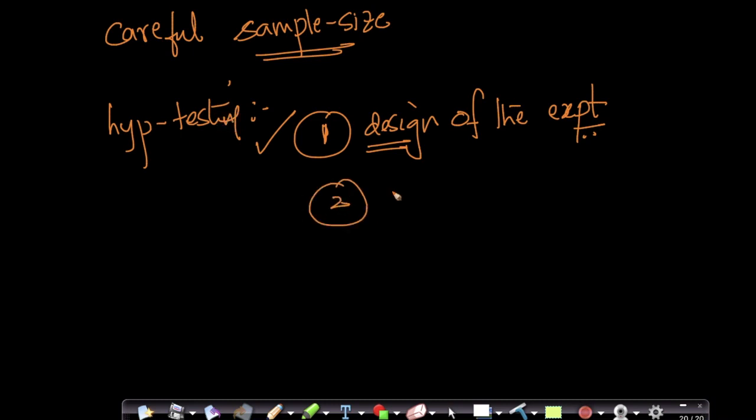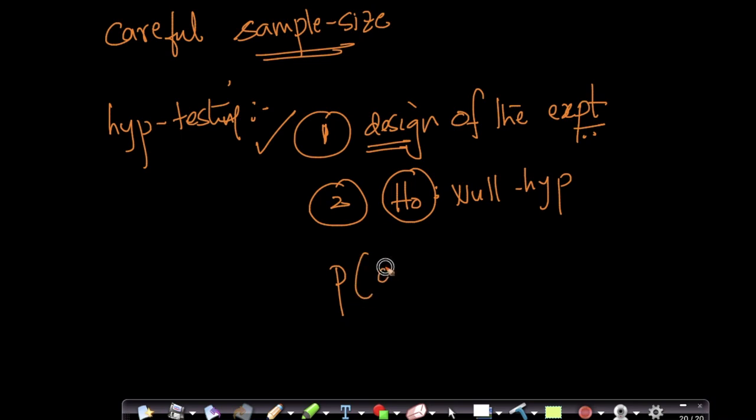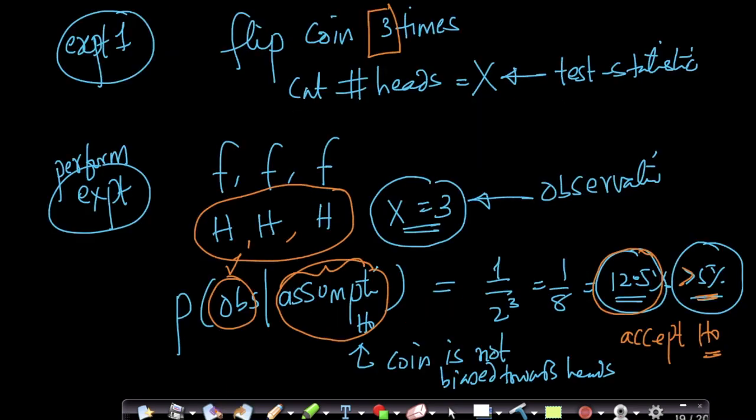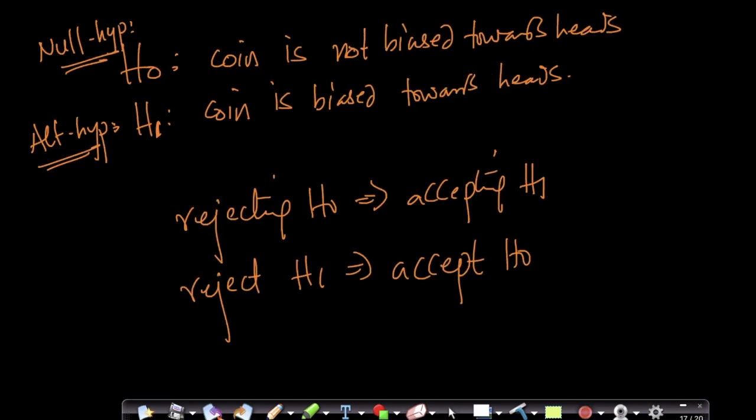Second, defining or saying what is your null hypothesis. Designing a null hypothesis is also very important, because your null hypothesis should be so chosen that computing the probability of your observation given the null hypothesis is easy to do. Right? Look at this. By just making the assumption, what is my null hypothesis here?